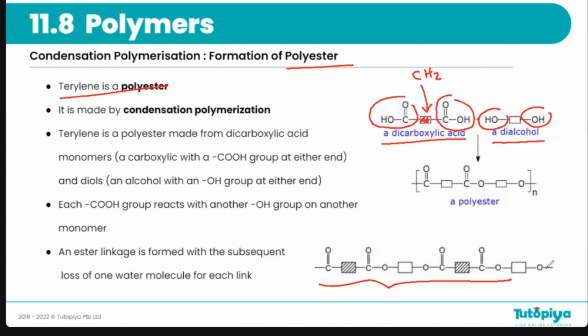So in the condensation polymerization, the reaction that happens here is very much like esterification. The OH of the carboxylic acid goes away with one H of the hydroxyl group here and becomes H2O.